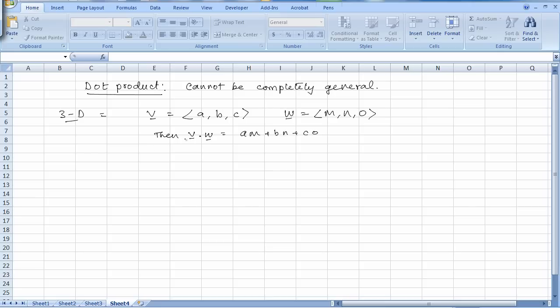There is nothing which prevents us from talking about a weighted dot product. So v dotted with w with a weight rho will be rho 1 AM plus rho 2 BN plus rho 3 CO. So these are the weights.